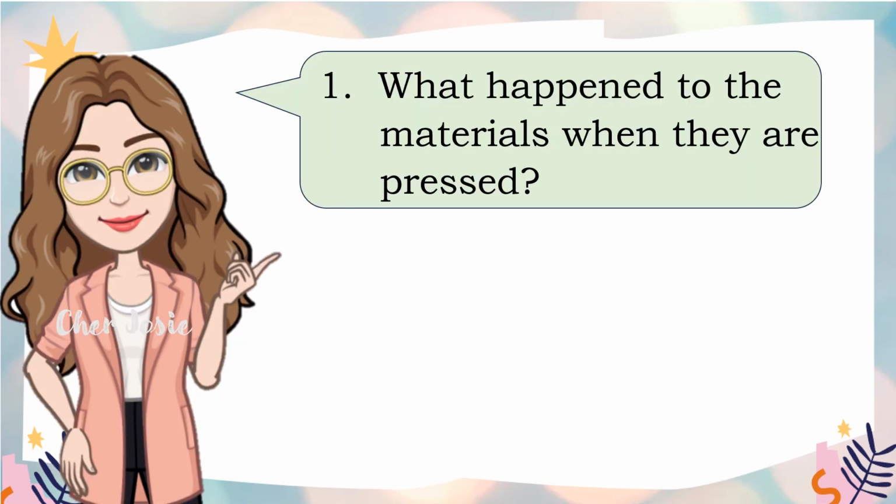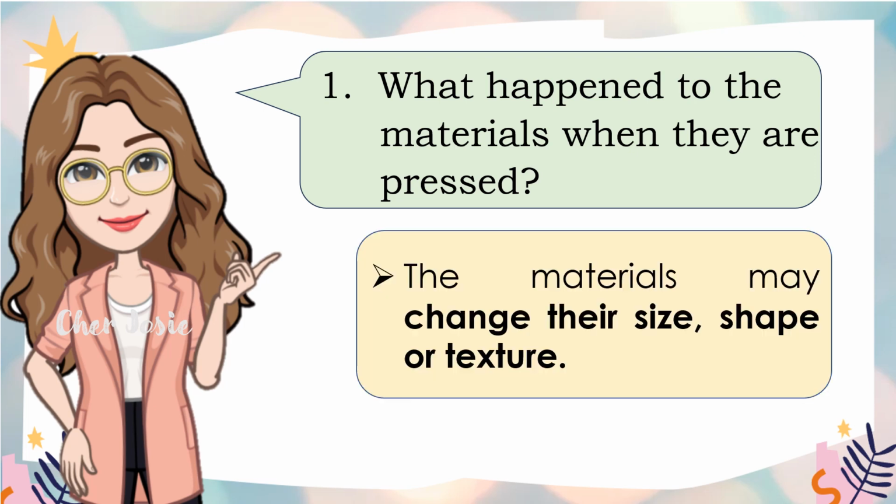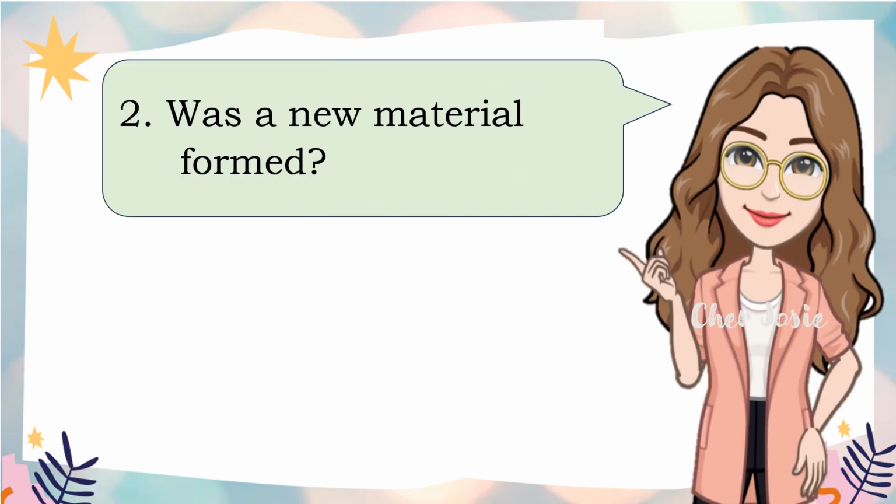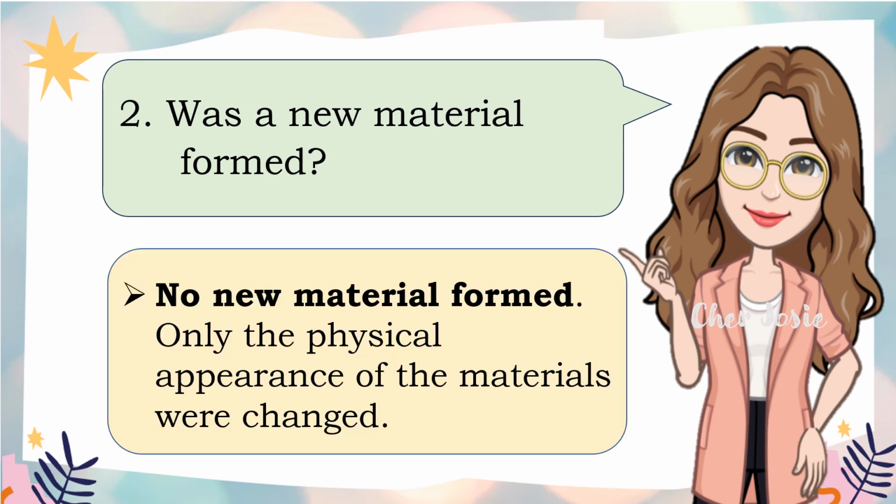Based on your activity, what happened to the materials when they are pressed? Correct! The materials may change their size, shape, or texture. Was a new material formed? Very good! No new material formed.